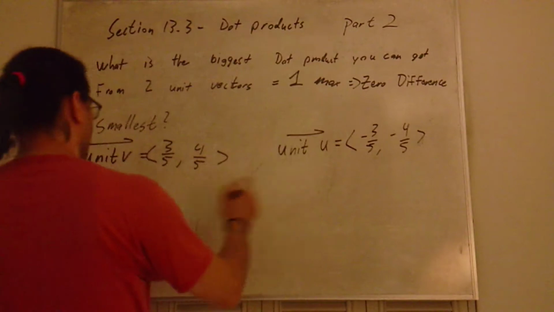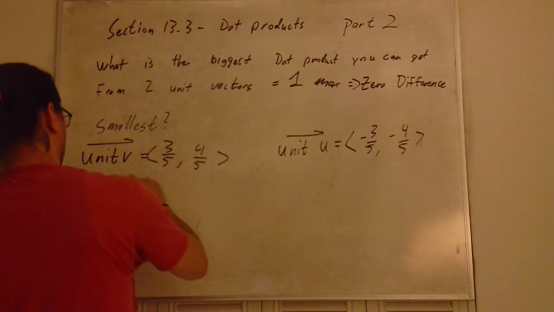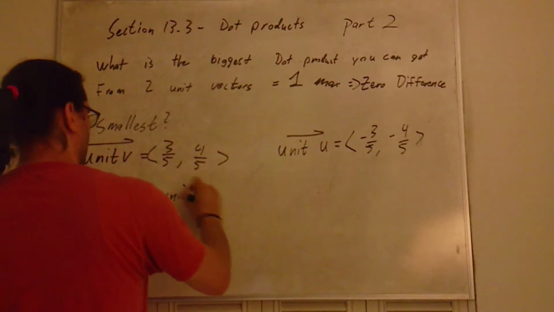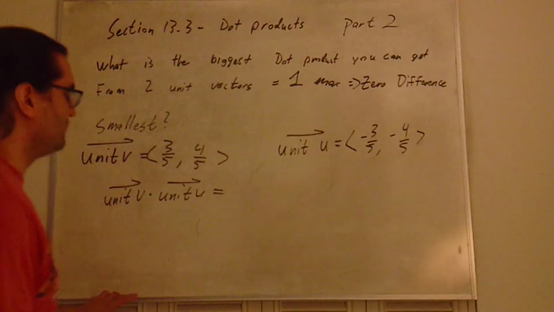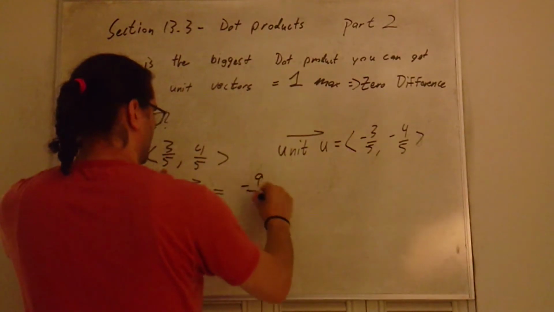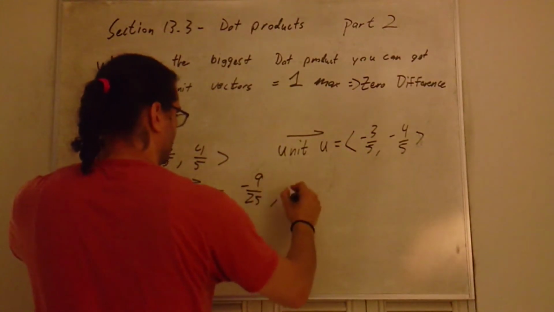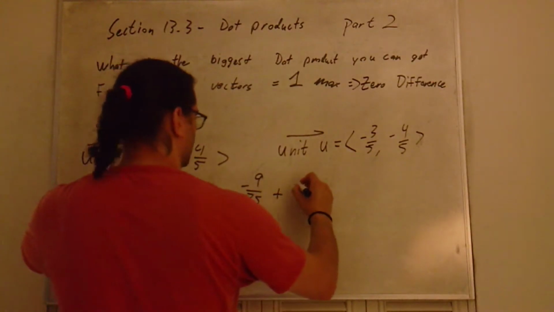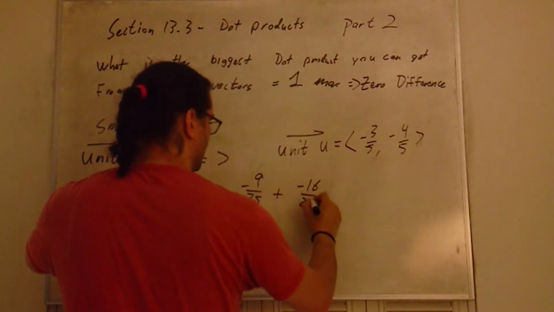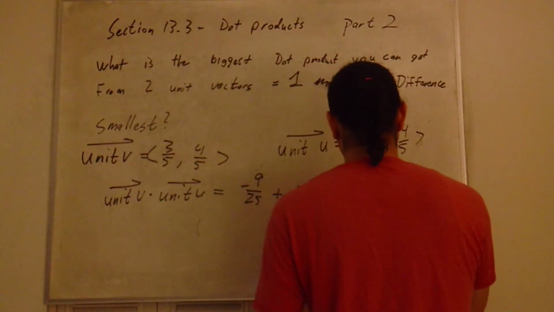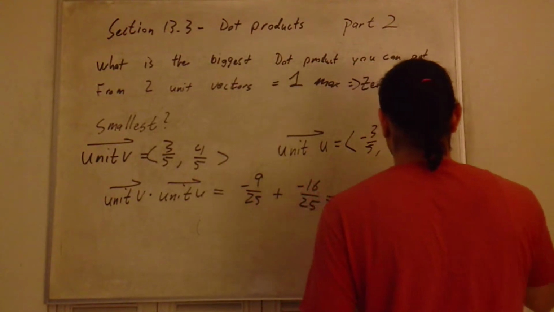So this dot product, unit v times unit u, should give me negative 9/25, not comma, plus negative 16/25, which is negative 25/25, which is negative 1.